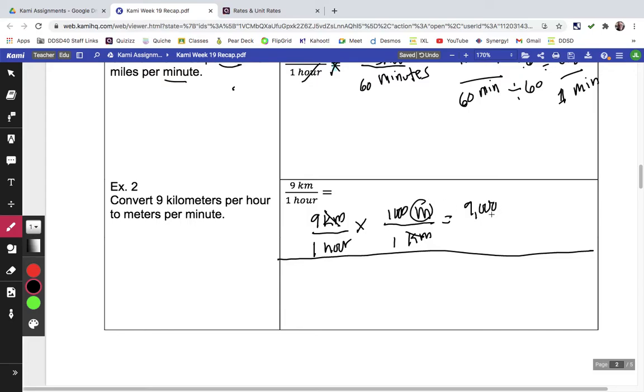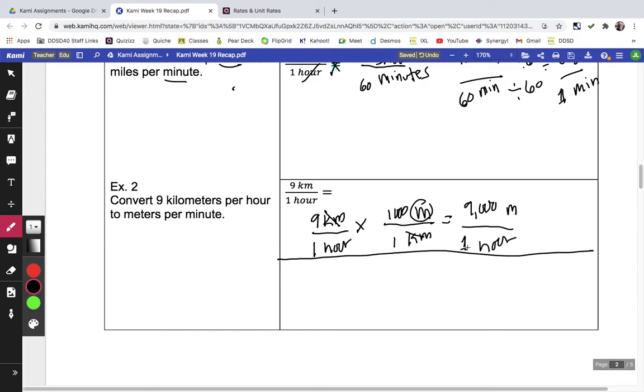And we are now in meters. So we didn't change the distance of kilometers, we just talk about it now in terms of meters instead of in terms of kilometers, but it's the same distance. And this is still in 1 hour.